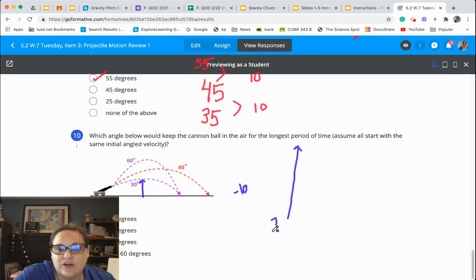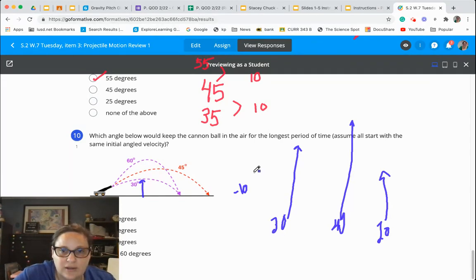So if we start at 30, we might go this high. If we start at 40, we might go this high. If we start at 20, we may only go that far. So the faster we're going vertically, the longer we are in the air.